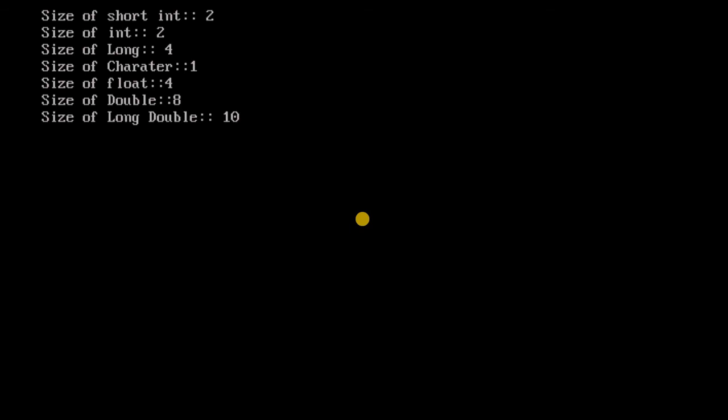Here you see size of short integer is 2, integer is 2, long is 4, character is 1 byte, float 4 bytes, double 8 bytes, long double 10 bytes. These are all in terms of bytes, not in terms of bits.